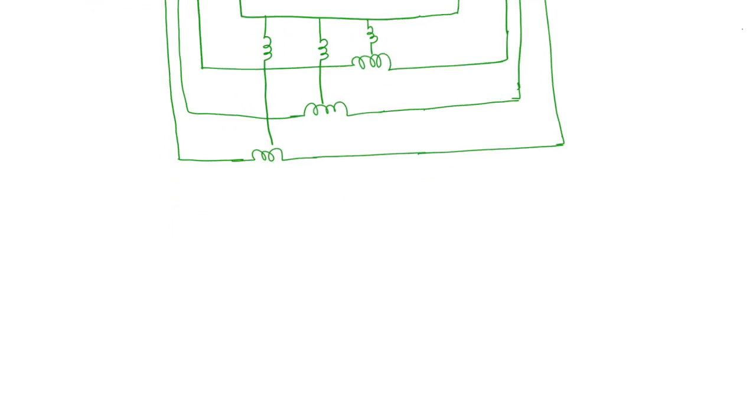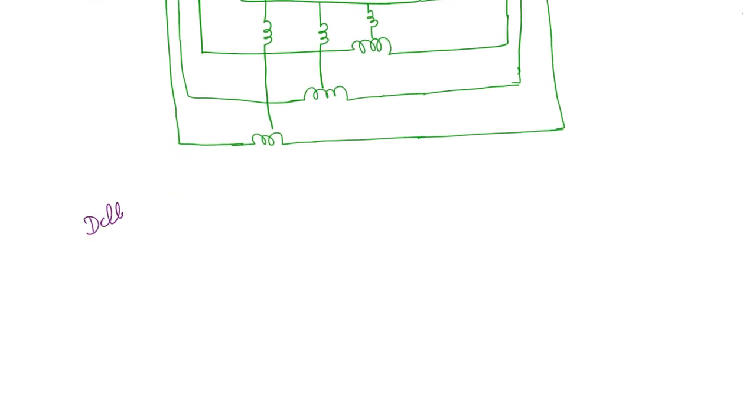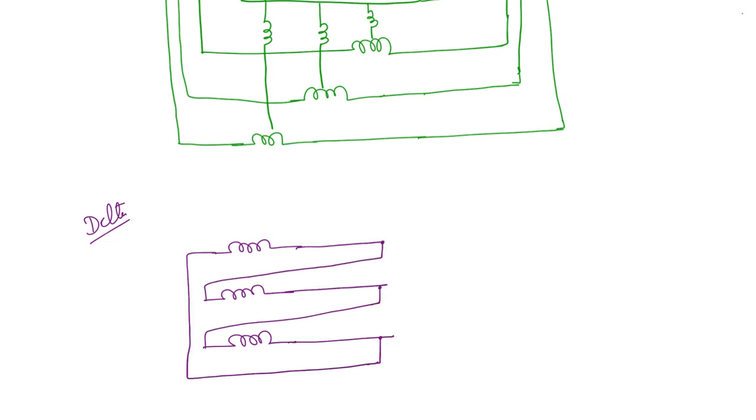Now what will happen in delta connected generator? On one side we are going to have the CTs in star and on the other side we have the CTs in delta. So let us say this is the delta connected generator windings. Where will the CTs be connected? The CTs should be connected in each phase.